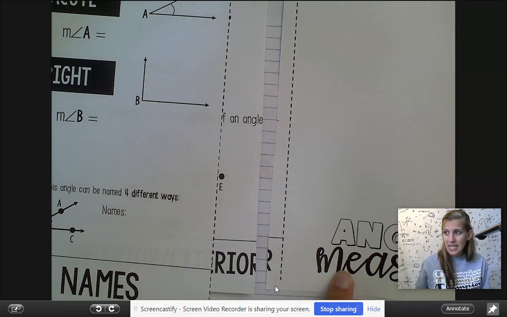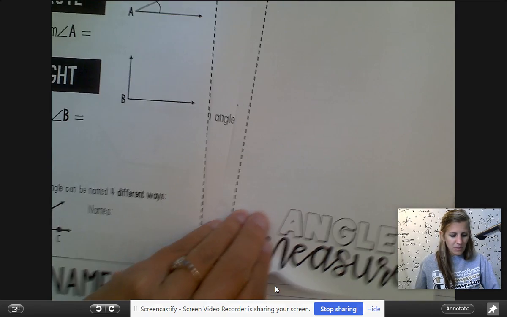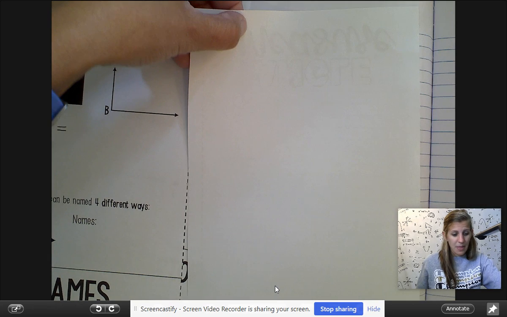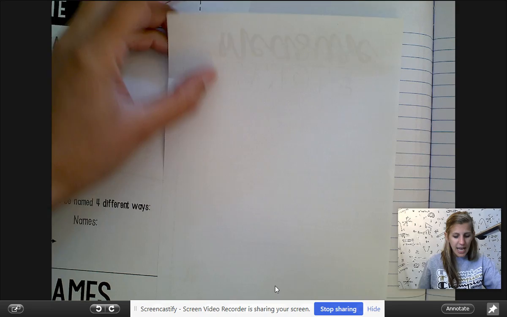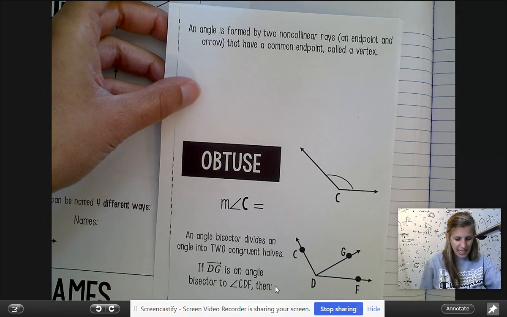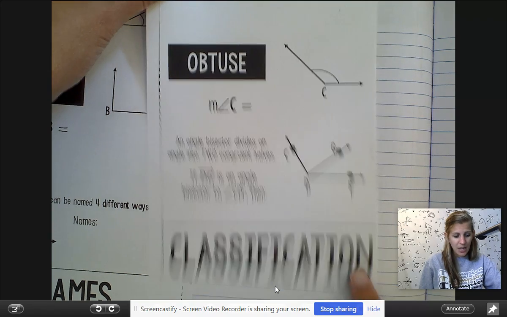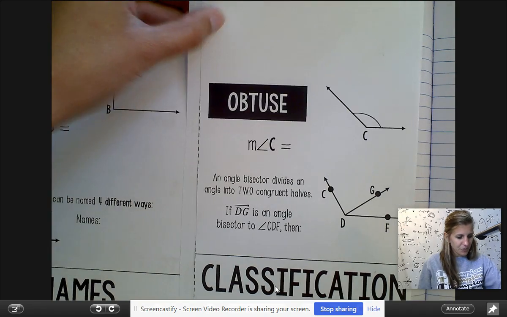Then you're going to take the one that says angle measure, and I'm going to flip it over with angle measure being on the top, but on the back. So if I peek right up here, we got angle measure. Then on top of that, I'm going to put the one that says classification, like this. So classification at the bottom, at the top we have angle measure.